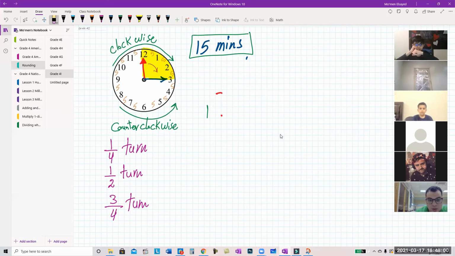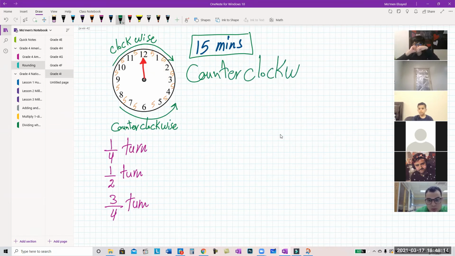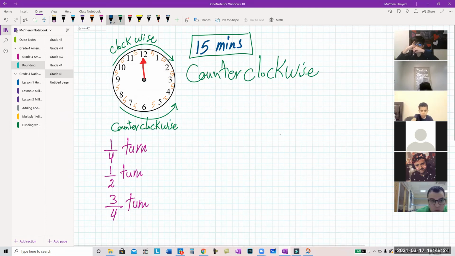And let me move 15 minutes, but in this case, we're gonna move counterclockwise. Okay, now, if you want to move counterclockwise, we're gonna move in the opposite direction.